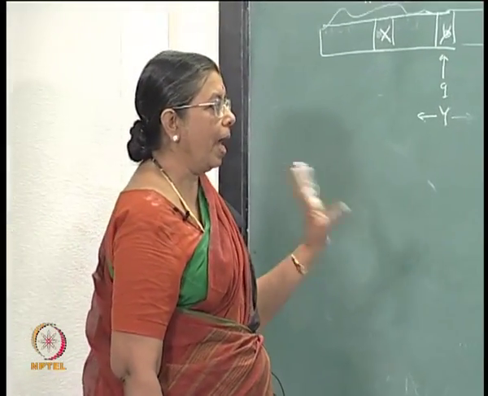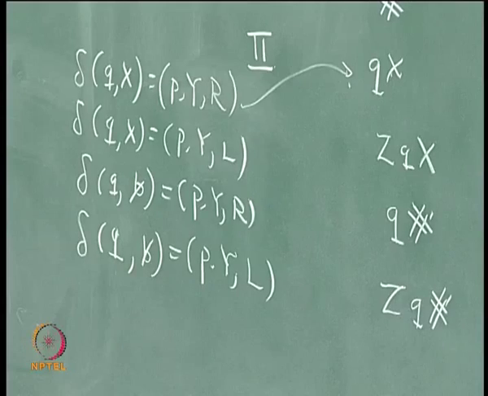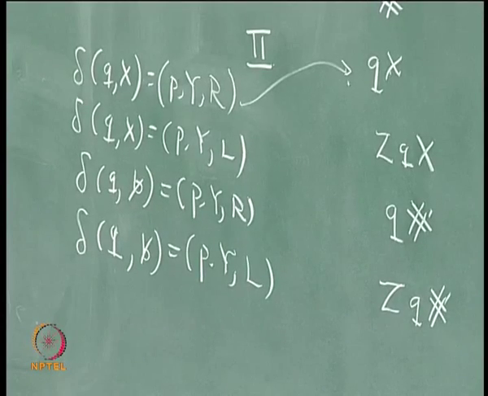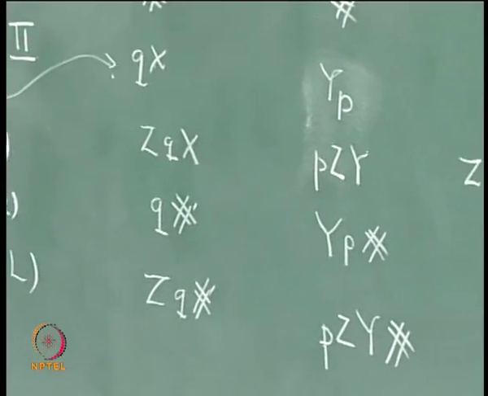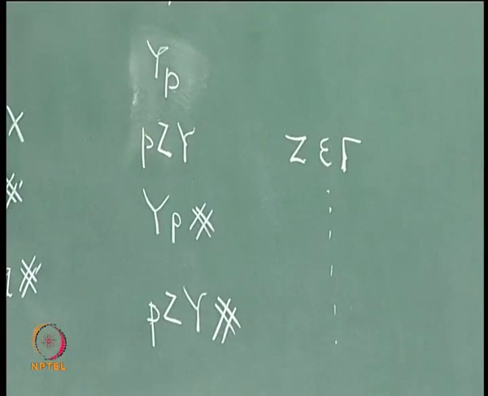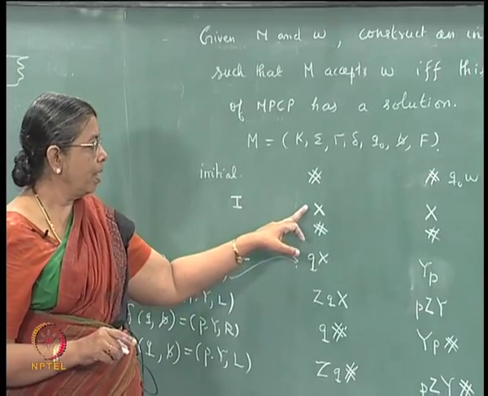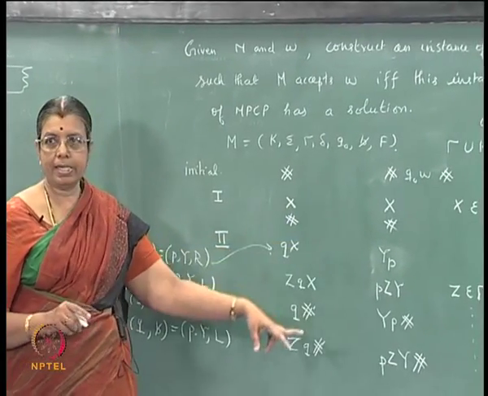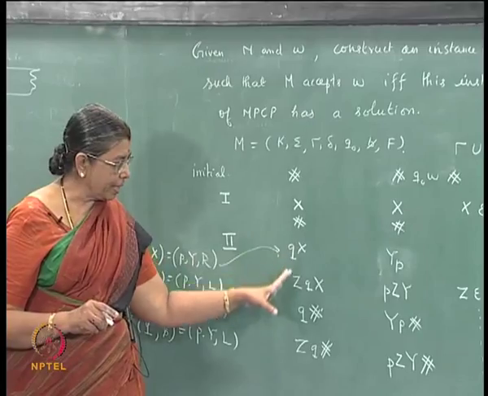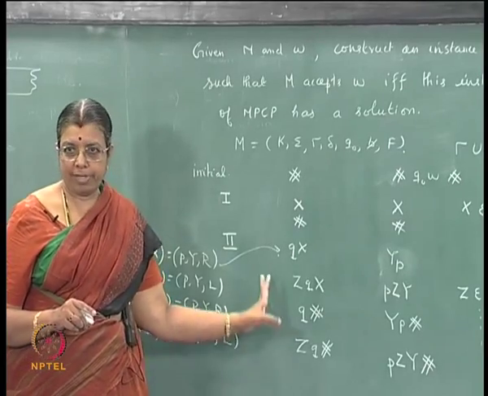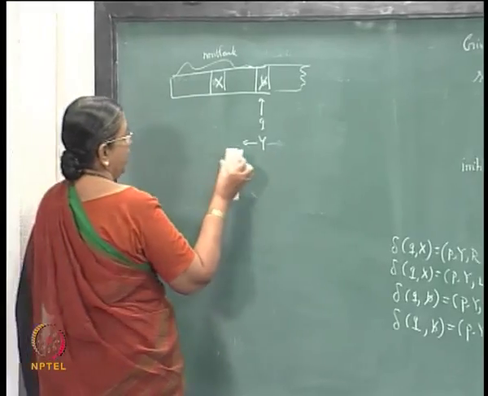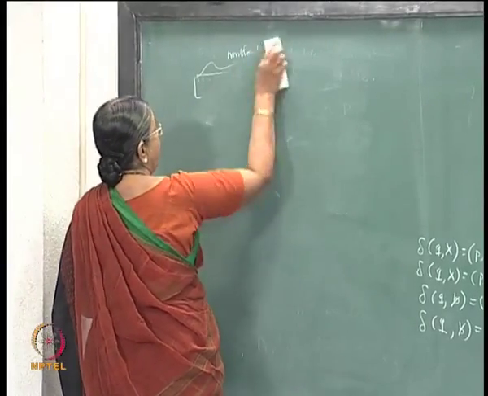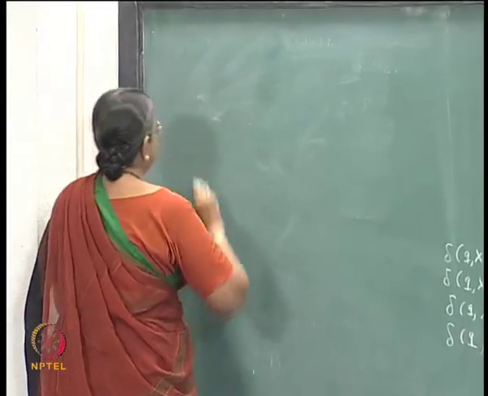Given W and M, you have to write the two lists A and B. Because it is MPCP, the first pair you have to specify. Then for any symbol in gamma, you have XX and hash hash, and then simulating the moves you have this. Then once it accepts, it will accept in a final state. That is the third pair.